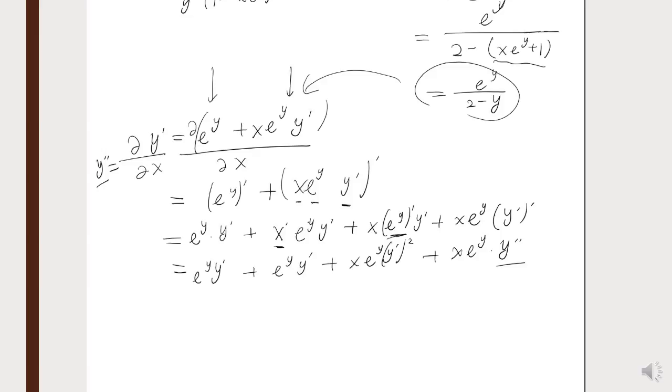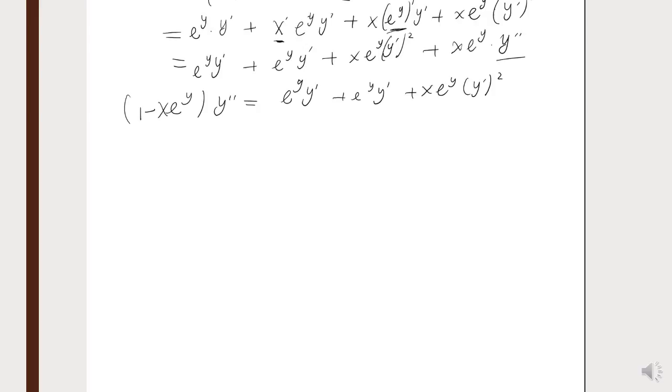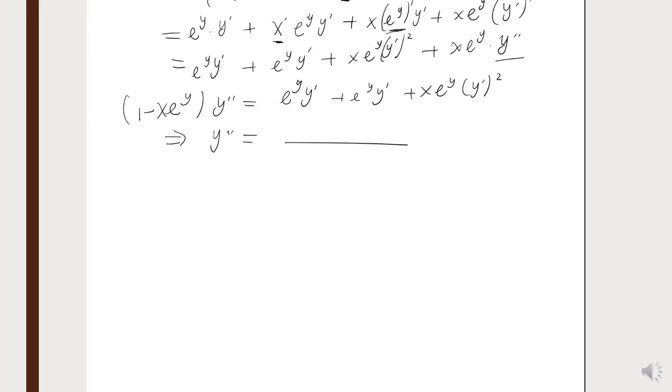So we're going to have 1 minus e to the power of y times x. Okay, so on the right, we're going to have, okay, so finally, you can simplify this further as y.